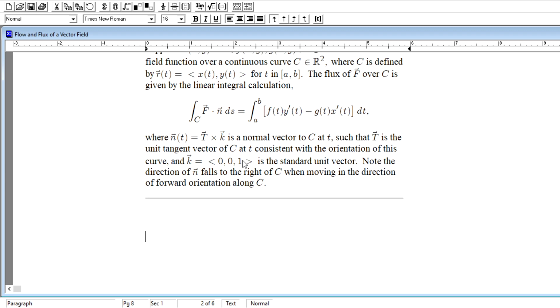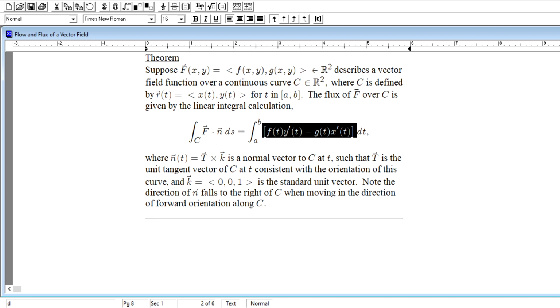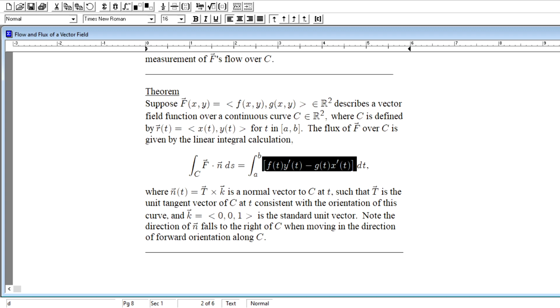Now, you will notice this is just another scalar valued integration. You are going to approach it just as you did for the case of flow. It all starts with r bar at t: you calculate the first derivative of r bar at t. Those values are used here for y prime at t and x prime at t.